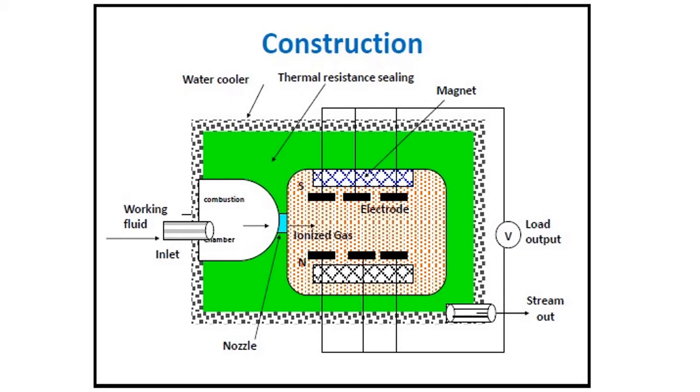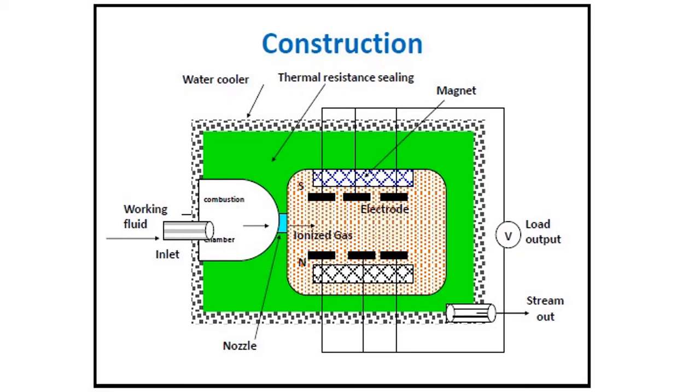From the nozzle, the velocity will be very high as its cross section is getting decreased. When the cross section is decreased, the velocity increases. So this high velocity ionized gas is passed between the magnets, through the magnetic field.